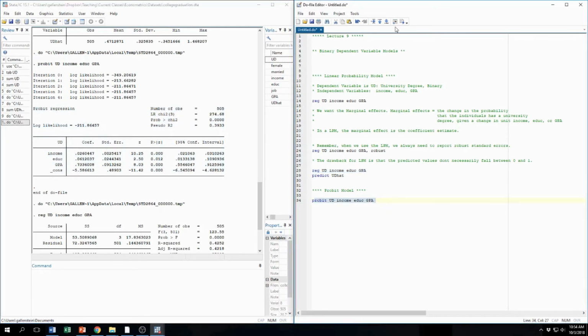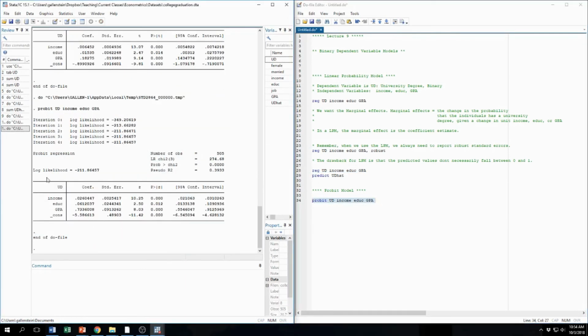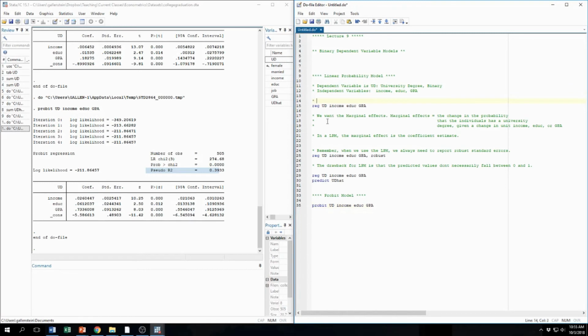Let me run this again, and we're just going to focus on this. So here's our Probit model results: pseudo R squared, coefficients, standard errors, z-statistic, very similar to t-statistic, and our p-value. Now, I might pause for a second and make another quick note in here.